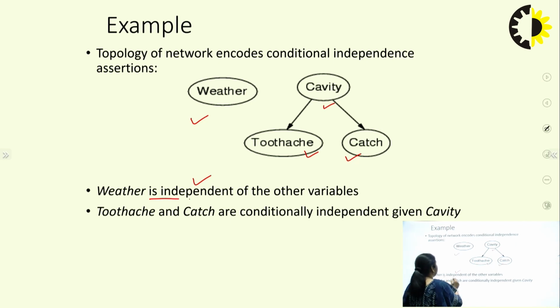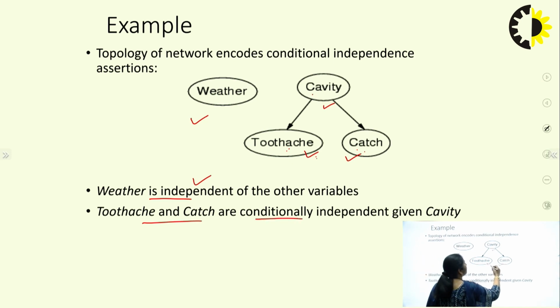When we talk about toothache and catch, cavity is causing toothache and cavity is also causing catch. So what is conditional independence? When cavity is given, then toothache and catch are conditionally independent of each other.